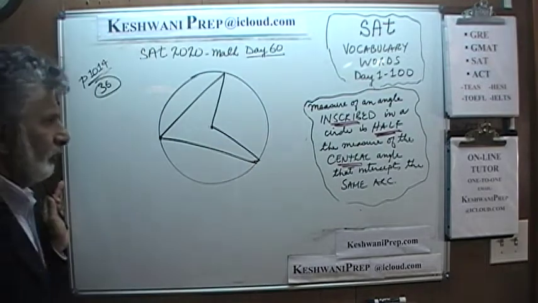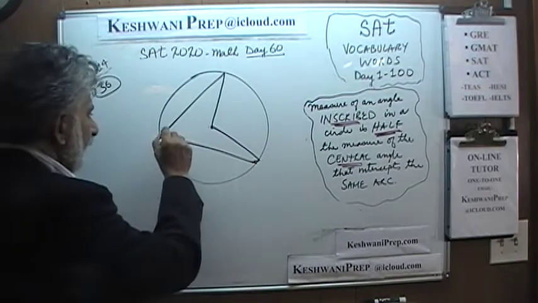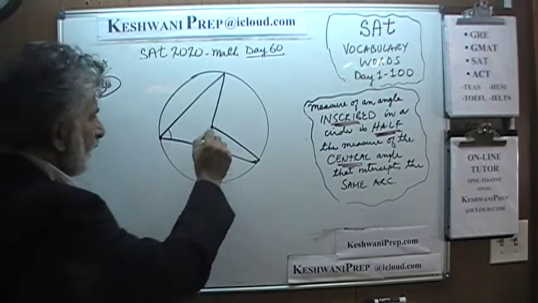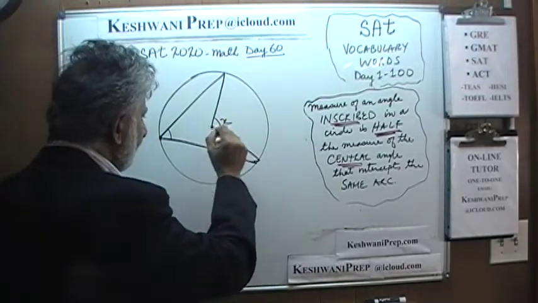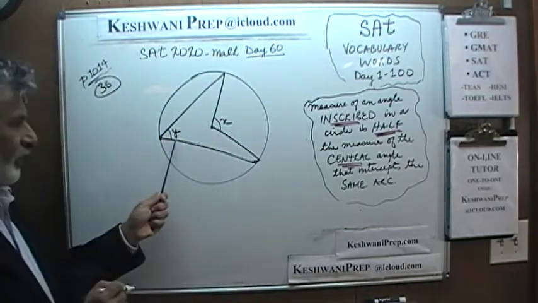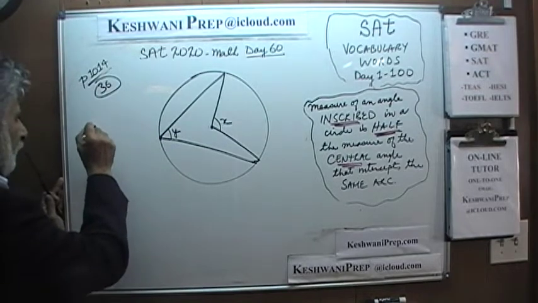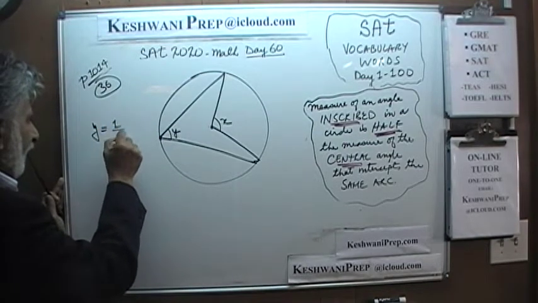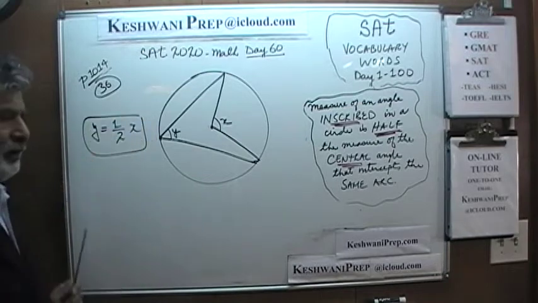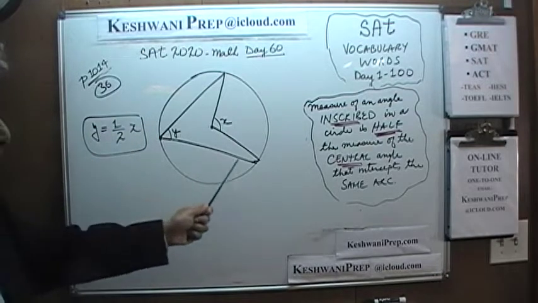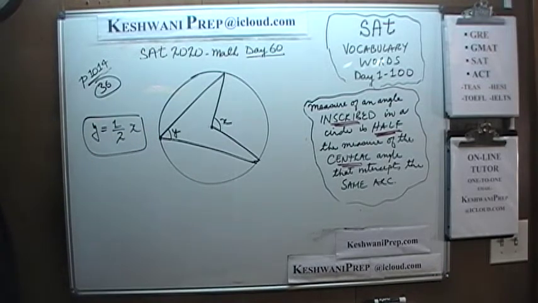That's close enough. This angle, they're calling this angle x. Let's call this one y. So this angle y is half of x. And without that knowledge, we cannot solve the problem that is given to us.